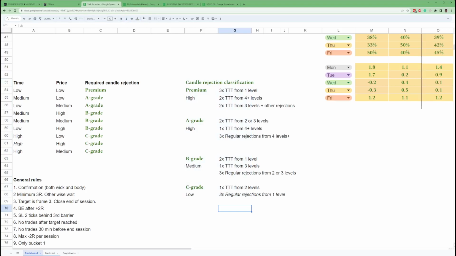One thing I really wanted to see is that when we have very low probability in time and price showing us that we should expect a reversal there, we would also need a much stronger rejection. And of course vice versa: if time and price both are aligning very well, so we expect price to reverse in that area based on both time and price, then we need less evidence from price action itself. That was very logical to me.